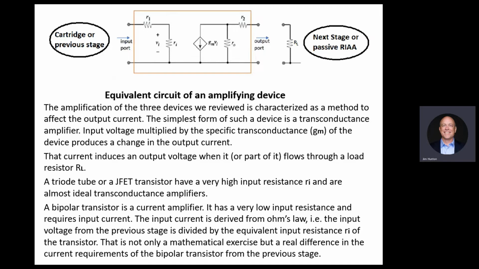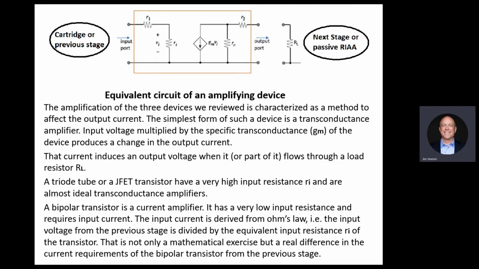Now remember, we said we have input voltage times the transconductance of the device. We get an output. The voltage develops over the internal plate resistance or whatever internal resistance of the device plus the load. Okay, so the load basically takes some of the current that's generated in the device and gives us the output.